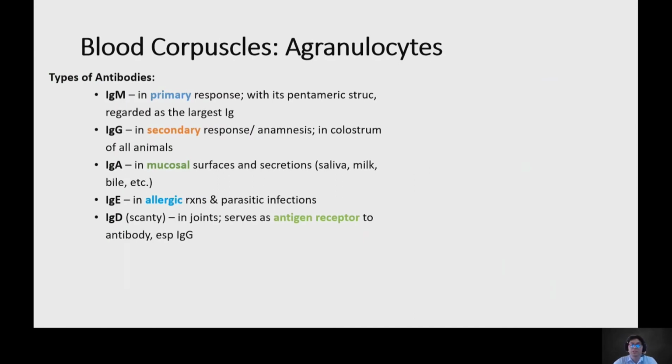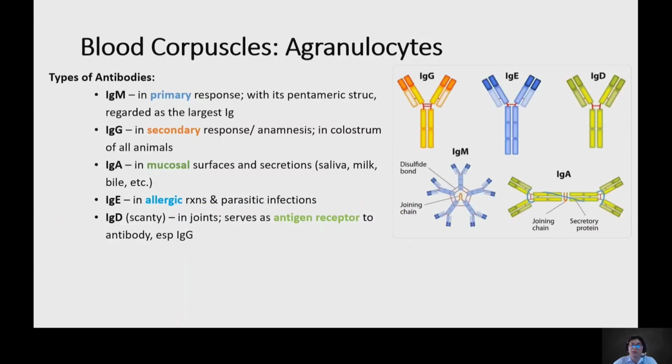Next are blood corpuscles, granulocytes. First, we're going to talk about the types of antibodies. IgM, the primary response, has a pentameric structure and is regarded as the largest Ig. Next, IgG, the secondary response, anamnesis, or found in colostrum of all animals, which is milk in animals.